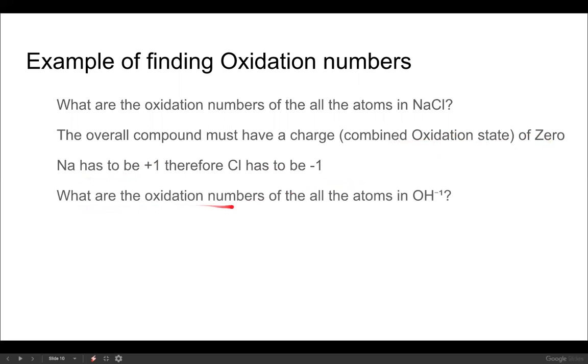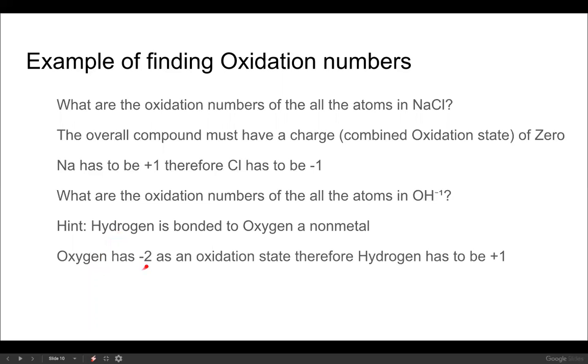What are the oxidation numbers of all the atoms in hydroxide ions? Now, take a moment and look at this. What's different about this compared to this, sodium chloride and hydroxide? Hydroxide is hydrogen bonded with oxygen. And remember, oxygen is a nonmetal. So what's the rule we have to use for hydrogen when it bonds with a nonmetal? Is it going to have an oxidation number that's +1 or -1?